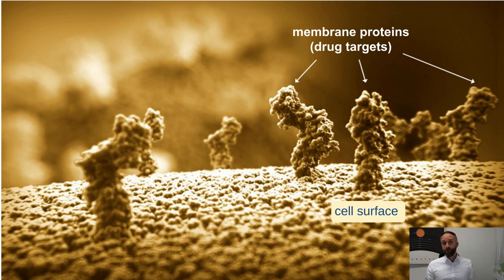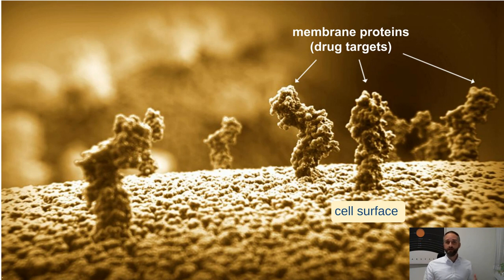This one membrane protein here in the front could be a very interesting drug target in oncology. The protein in the back could be a very interesting drug target in diabetes or in pain, for example. So all in all, they're really interesting for drug discovery, but they're pretty challenging to work with.